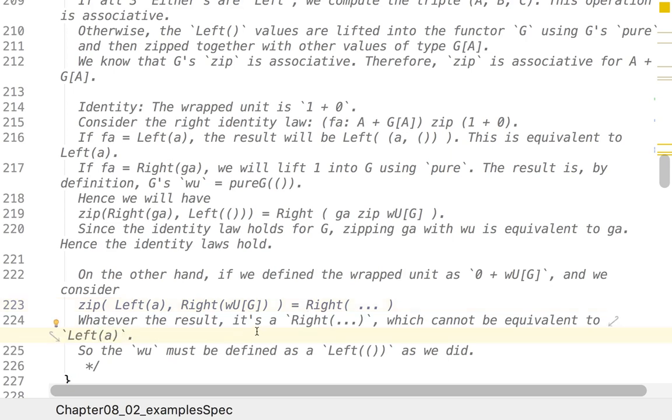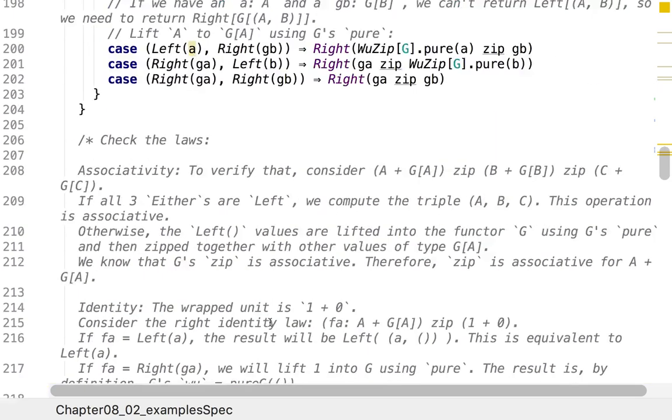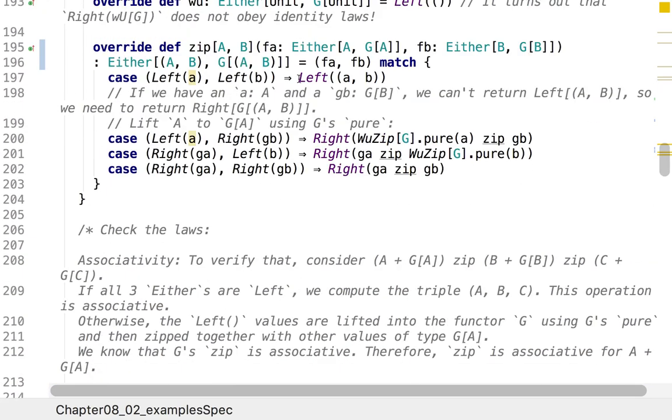Our equivalence rules are that we can rearrange tuples and we can add or remove unit values from tuples. Our equivalence rules do not allow us to interchange anything else or to change at all anything else. So we could not change left into right. And so that's not going to be equivalent. And similarly here, if we define this to be right, then zipping left with anything could never give a left.